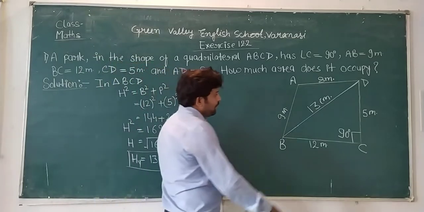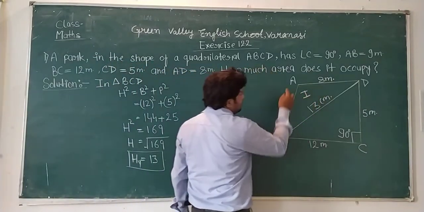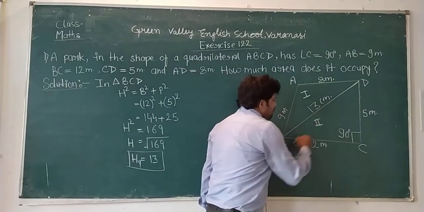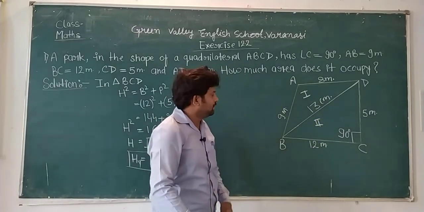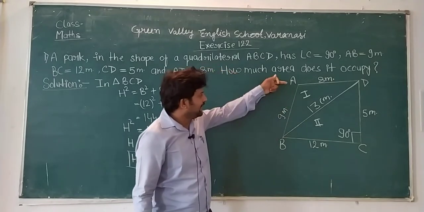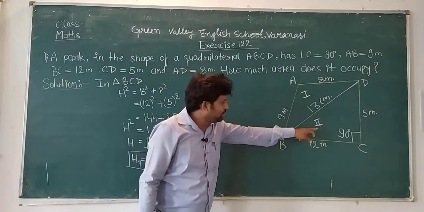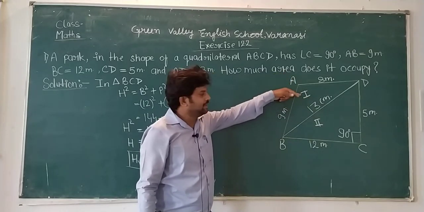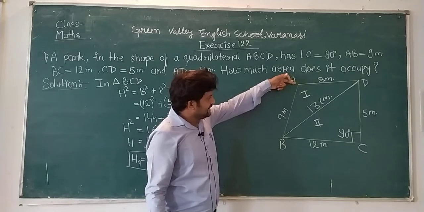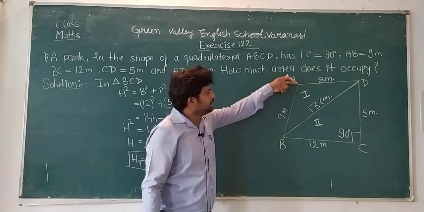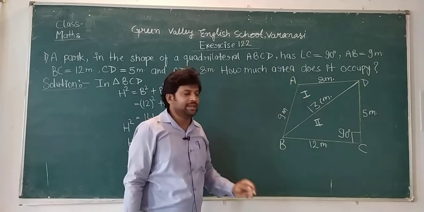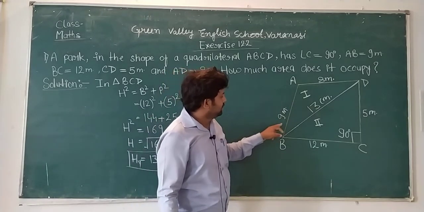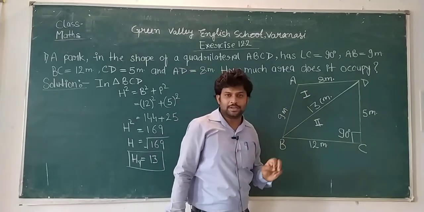Suppose ABD is the first triangle and BCD is the second triangle. When we are going to find the area of the first triangle, we see that no height is given. Height is unknown, but the lengths of all sides are given.